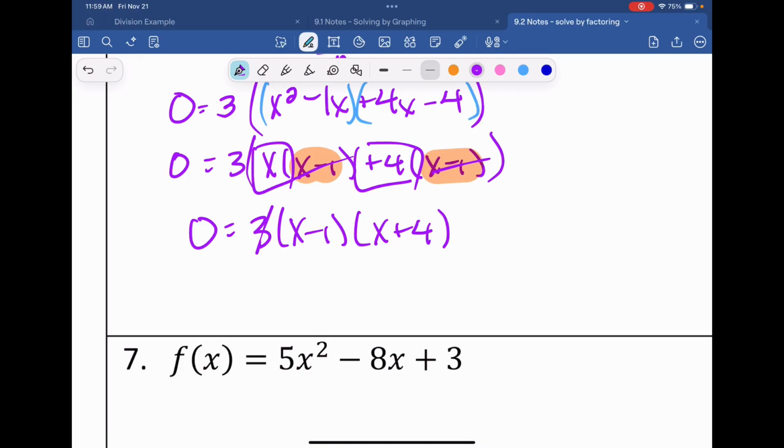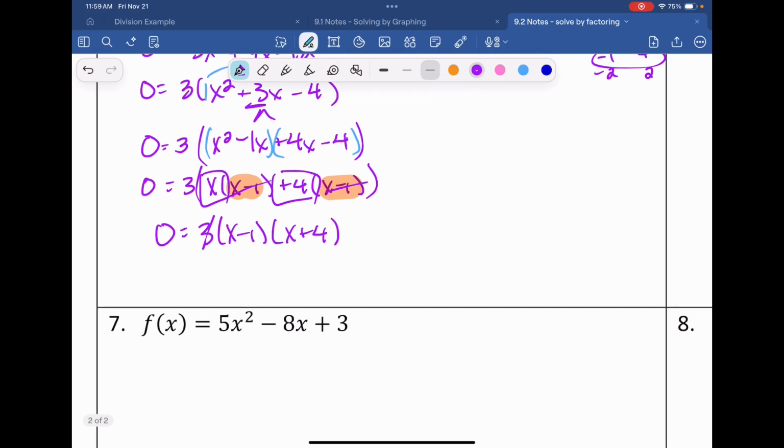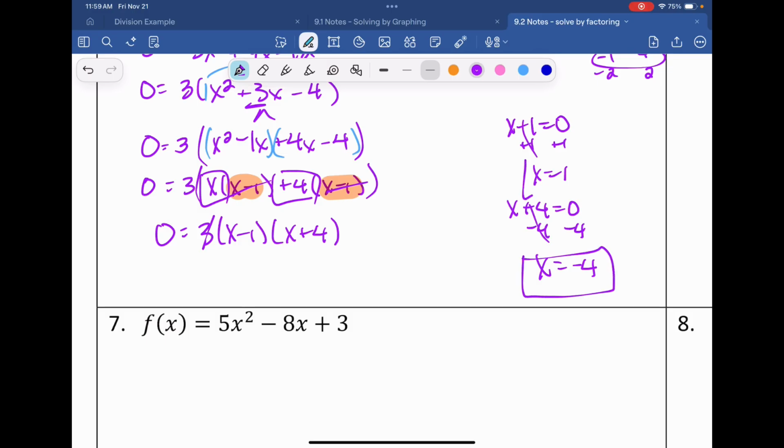It has no solution. Okay, but I do have my x minus 1. That's a factor, and it has a variable. We'd add the 1. Same thing with the x plus 4. It's a factor, and it also has a variable. So those are my two solutions.